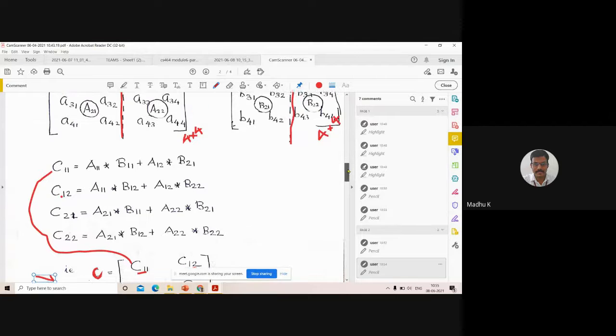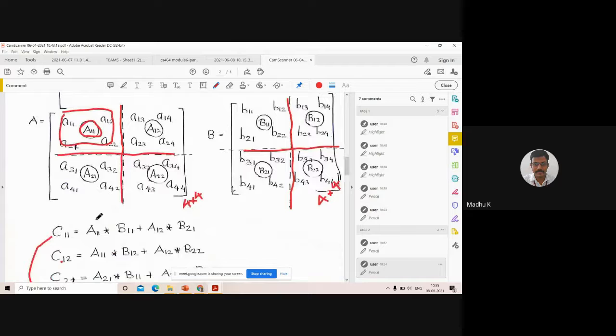Then what is A11? A11 is basically this square matrix, a 2 by 2 matrix containing the elements A11, A12, A21, A22. So this is multiplied with B11. What is B11? This is B11.